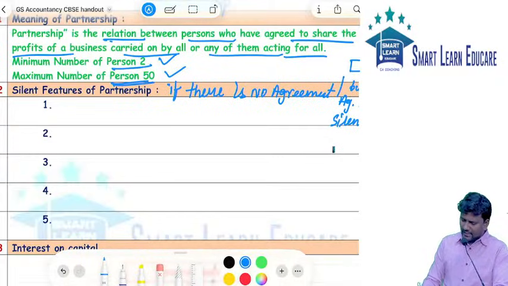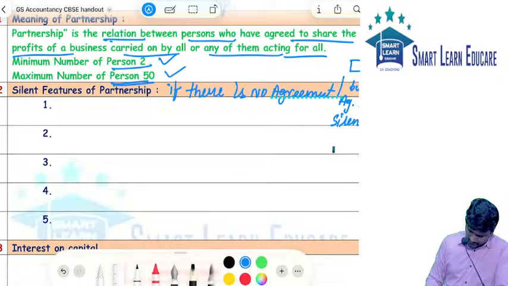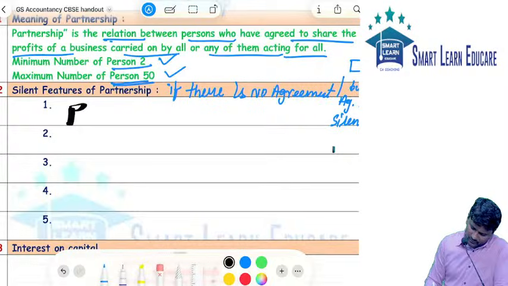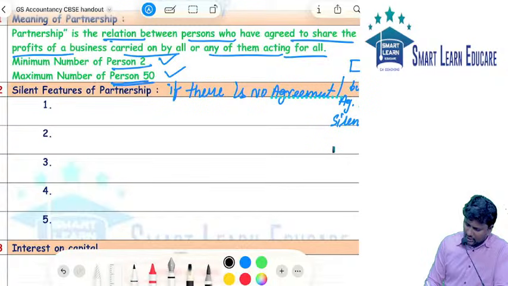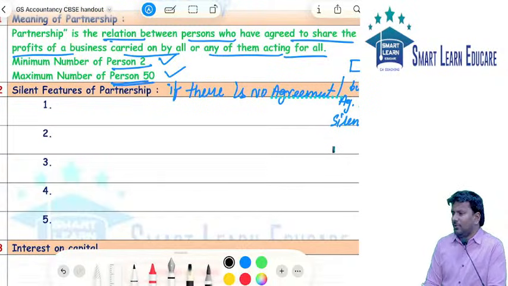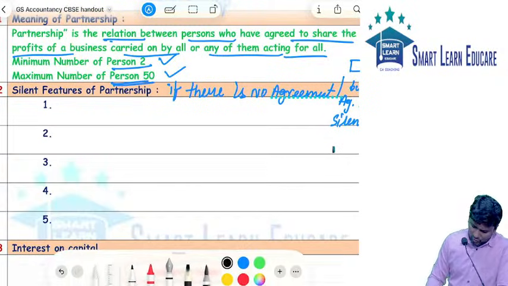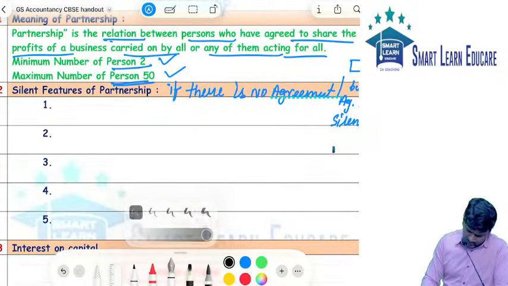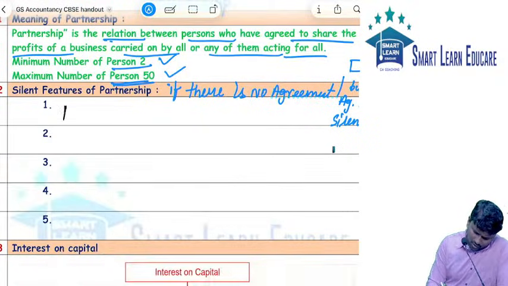What are the silent features of partnership? First silent feature: profit sharing ratio not given. It should be shared equally. Please do write along with me. It will be easy for you to revise also.